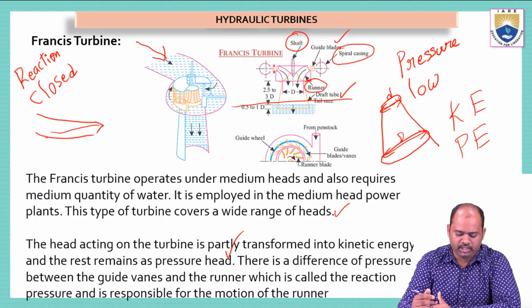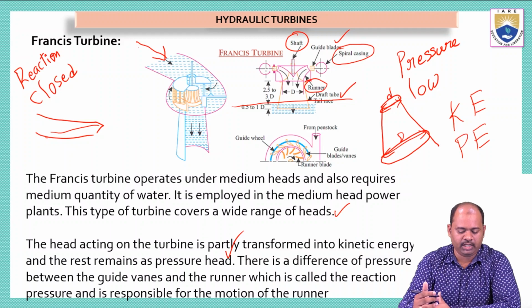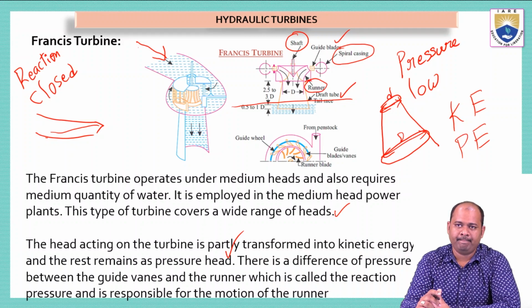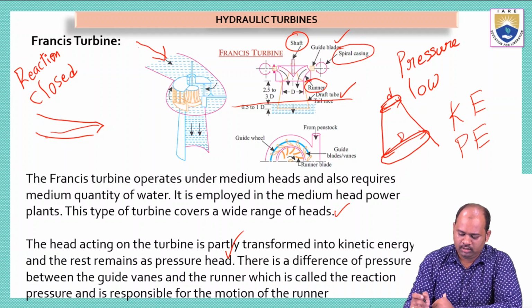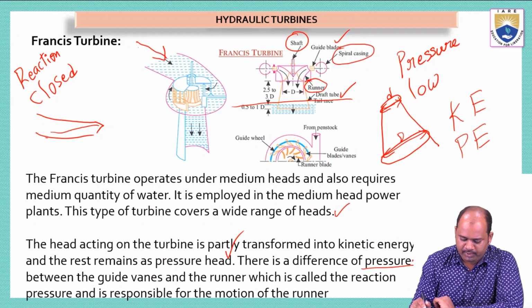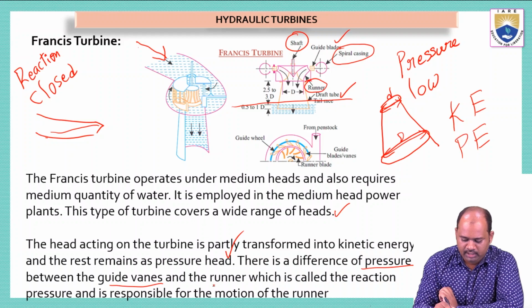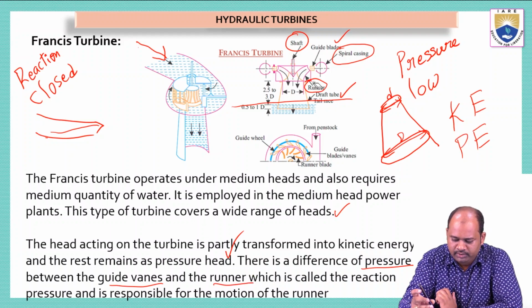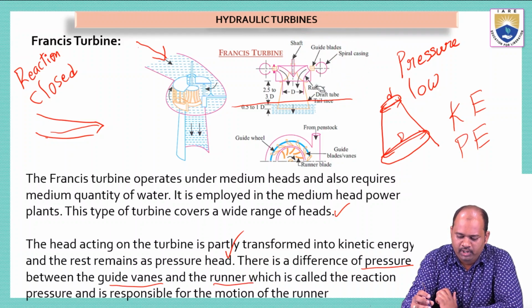So, there is a difference of pressure between the guide vanes and the runner, which is called the reaction pressure, and this reaction pressure is responsible for the motion of the runner. In this picture, there are two important parts.